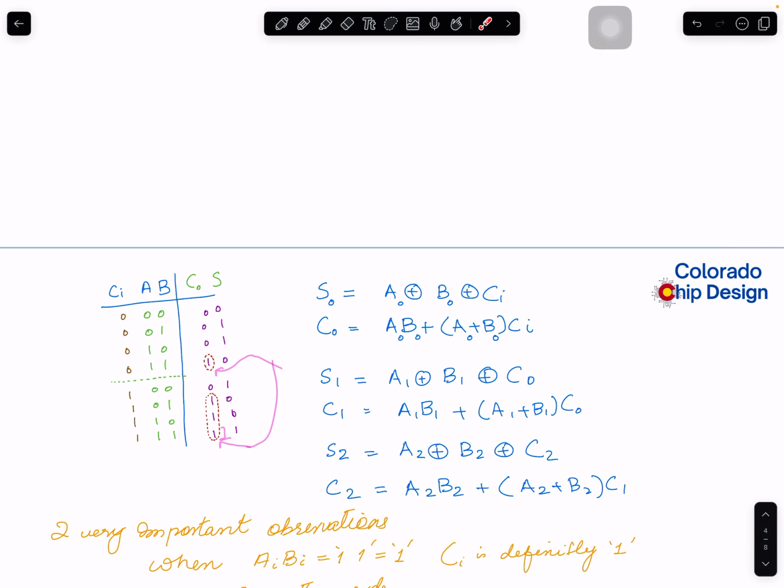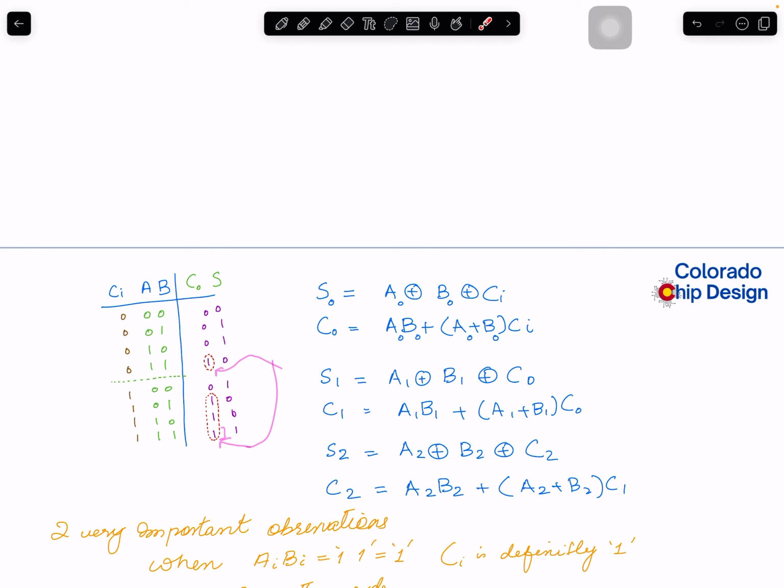First of all, we need to look at the truth table, and I'll tell you the two important things used in carry look ahead. One is generate, the other is propagate. Generate means for what combination of A, B, and C input a carry is guaranteed to be generated, guaranteed to be 1.